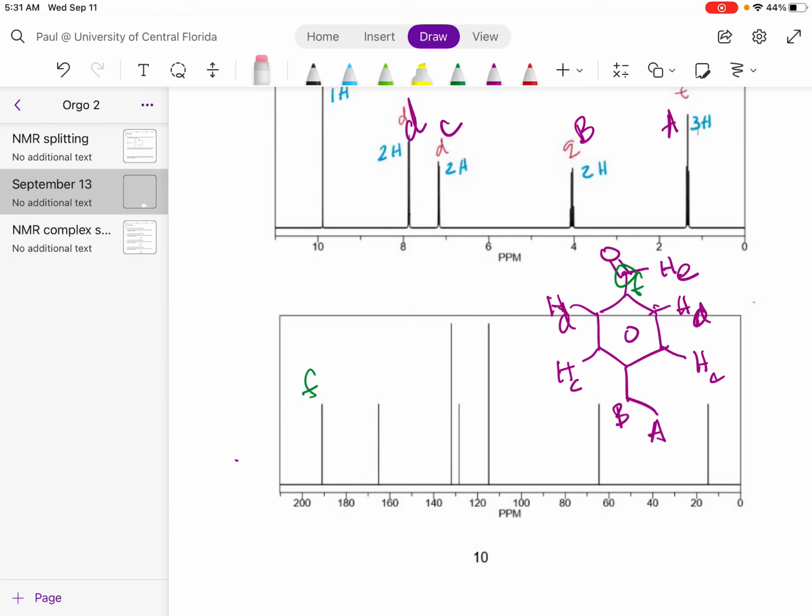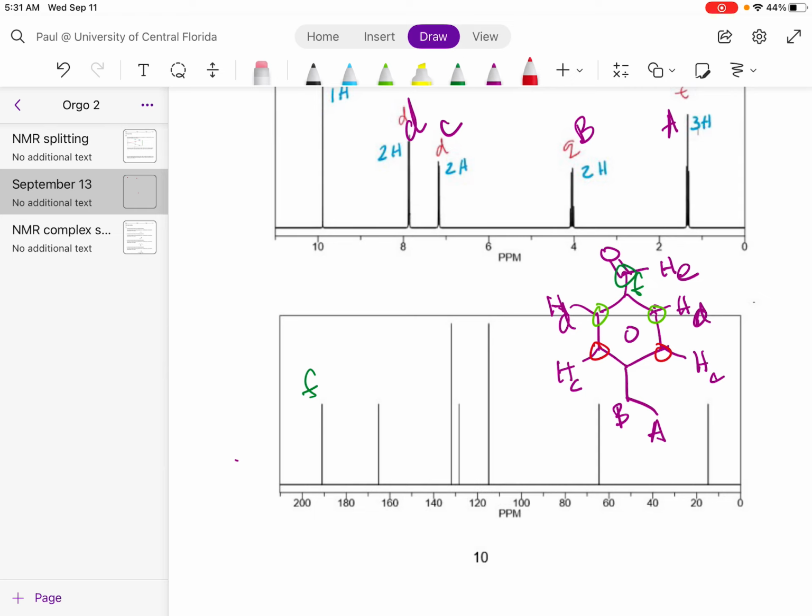When we take a look at our proposed structure here, we can see that these carbons right here are equivalent. And then these 2 carbons right here are equivalent to one another, but not equivalent to the green ones.